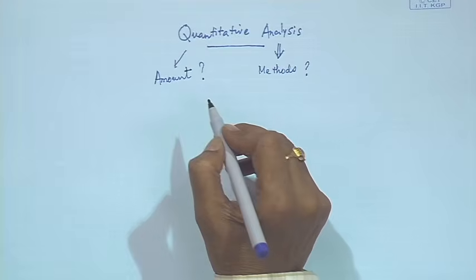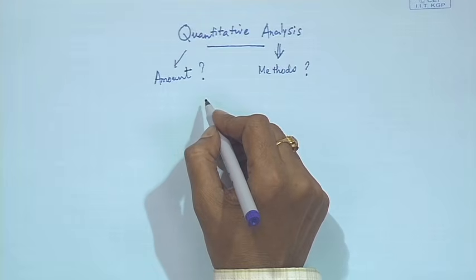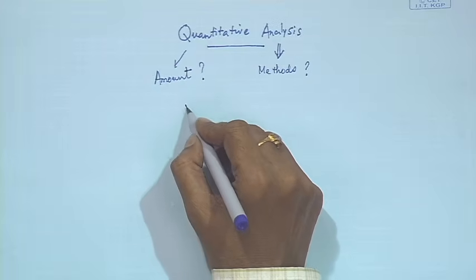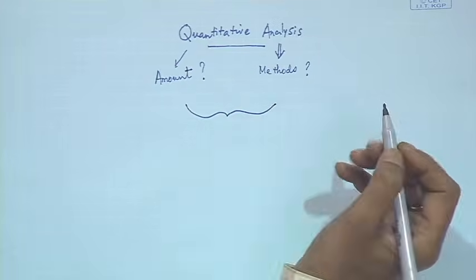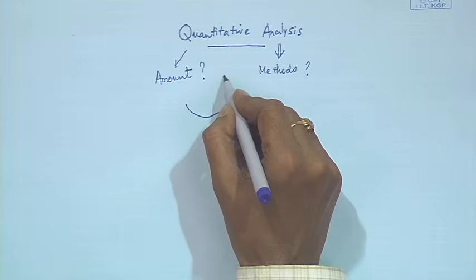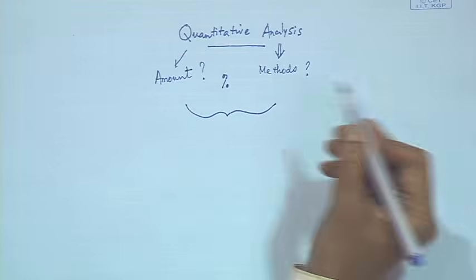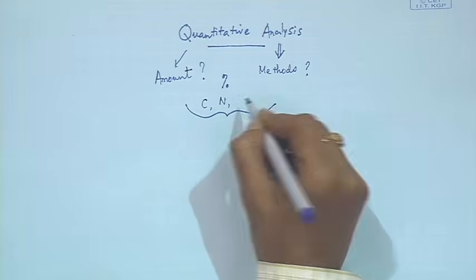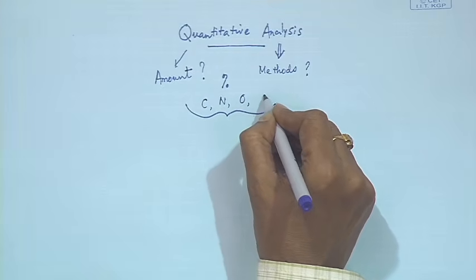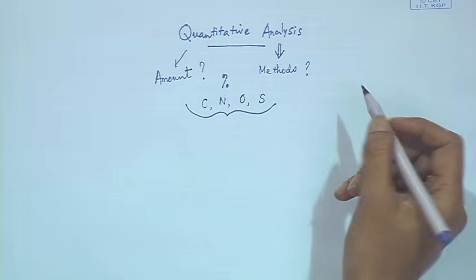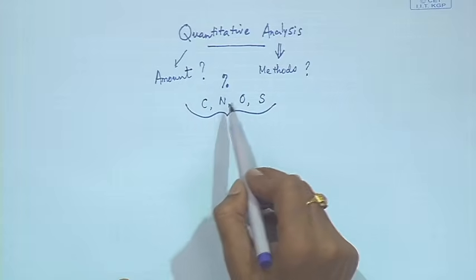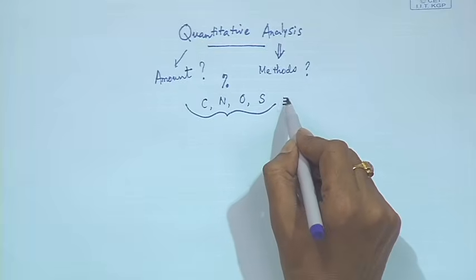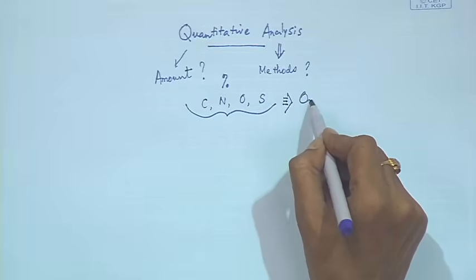Suppose an organic molecule is in our hand and we want to analyze it, and the goal of our analysis is definitely there. We want to know the percentages of say carbon, of say nitrogen, of say oxygen, and of say sulfur. You all know that these are the elements which are basically present in some organic compound.